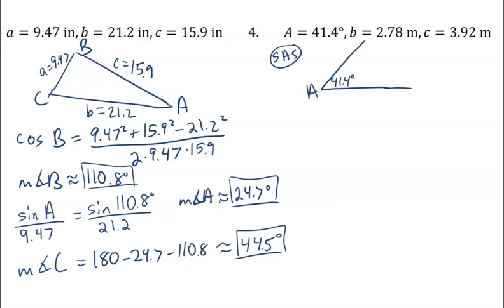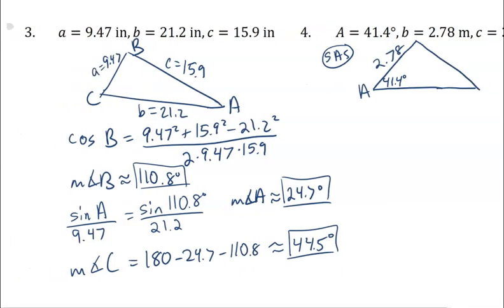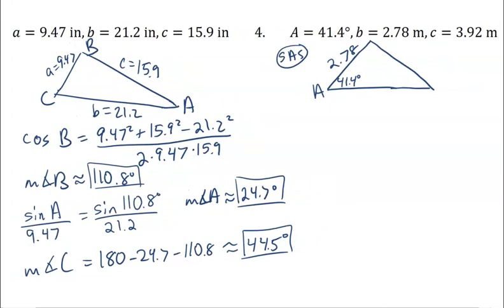And then 2.78 will be, this is B, whoops. It's across from angle B. And then angle C up here, this is 3.92. And then this is side A.